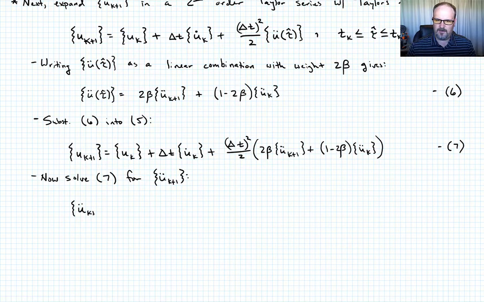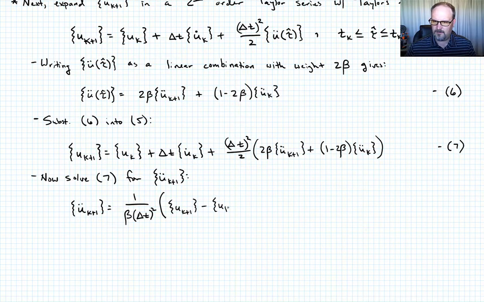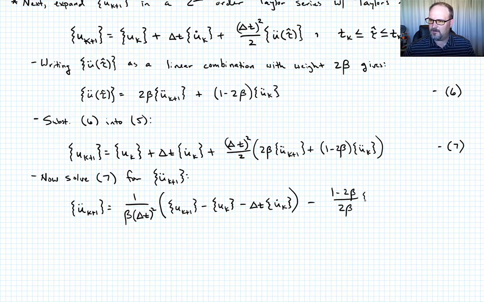U double dot of k plus 1 equals 1 over beta times the quantity delta t squared, okay, times u of k plus 1 minus u of k minus delta t times u dot of k, okay, and then minus 1 minus 2 beta divided by 2 beta times u double dot k. Okay, let's call that equation 8.